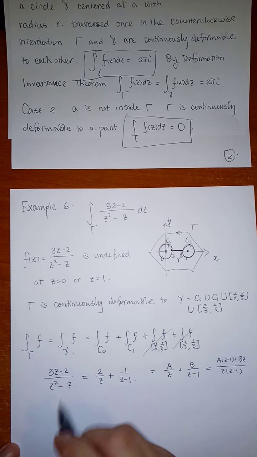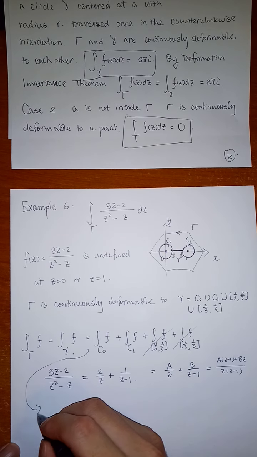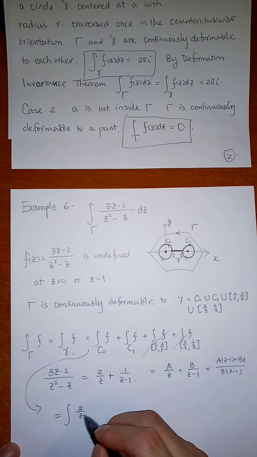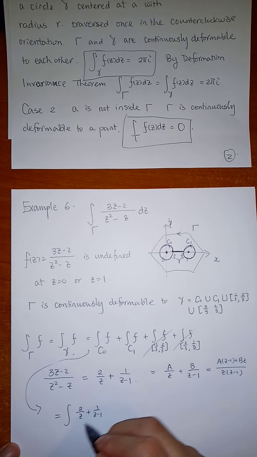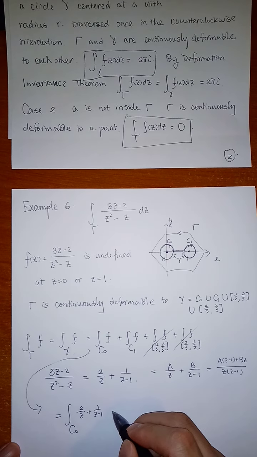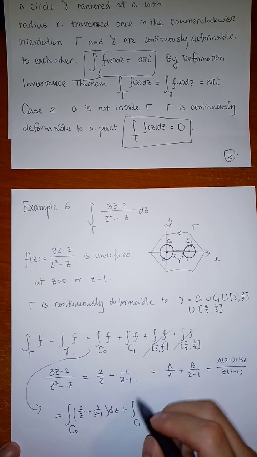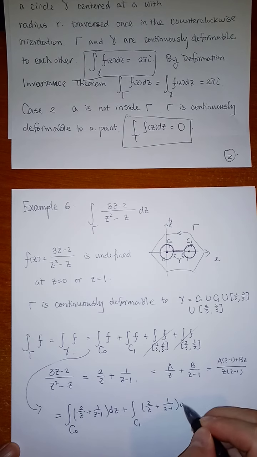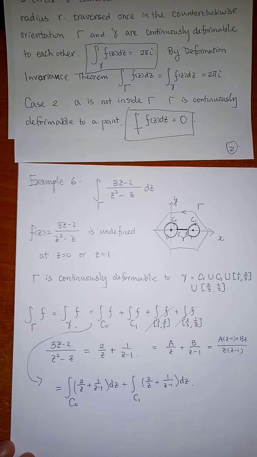Let's check. So the integral is equal to the integral over c0 of 2 over z plus 1 over z minus 1 dz, plus the integral over c1 of 2 over z plus 1 over z minus 1 dz.